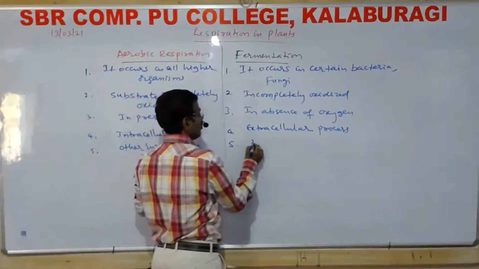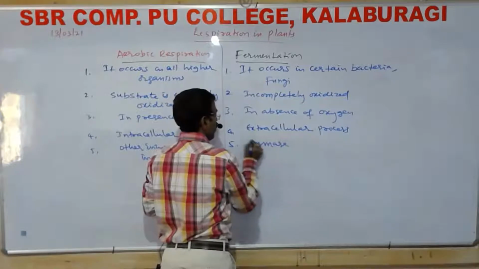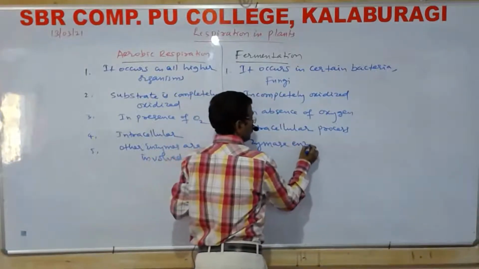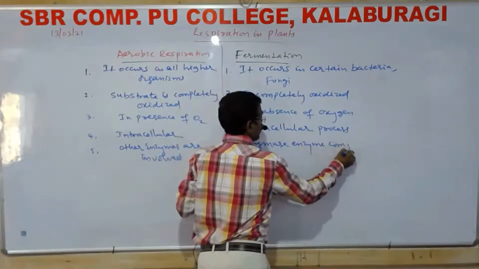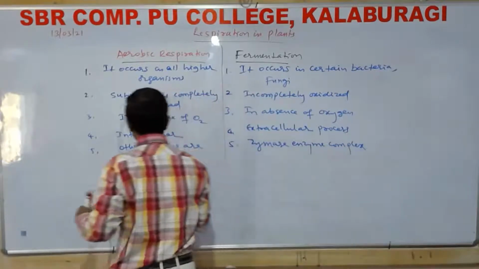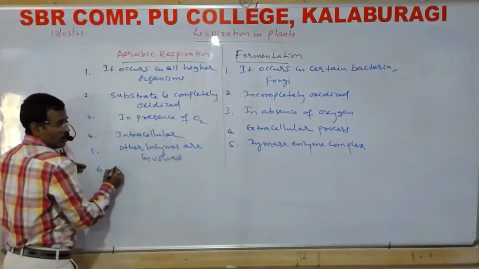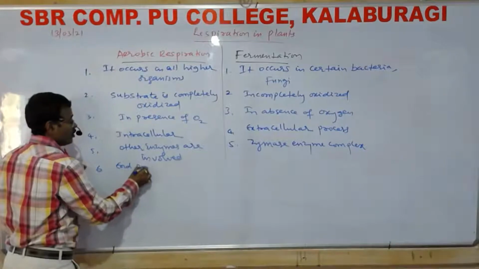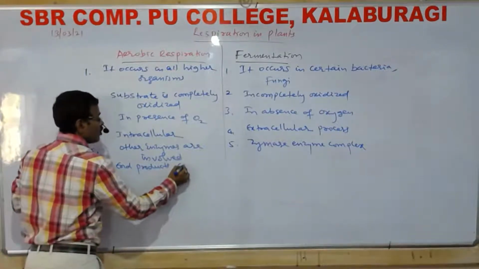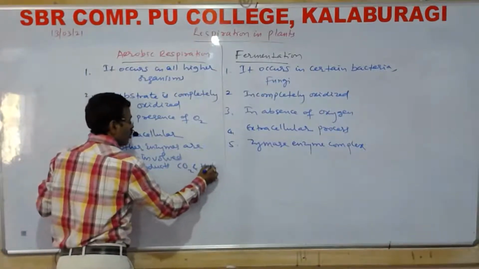Here, which enzyme is involved? Zymase enzyme complex is involved. Which will be the end products? Usually, carbon dioxide and water in aerobic respiration.